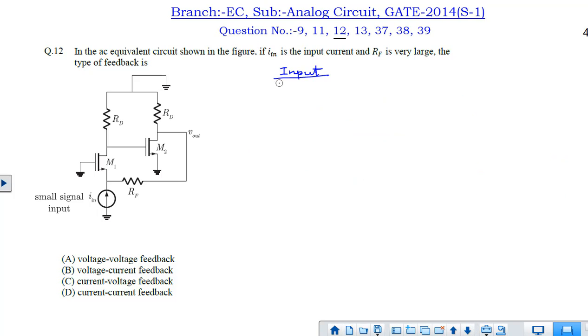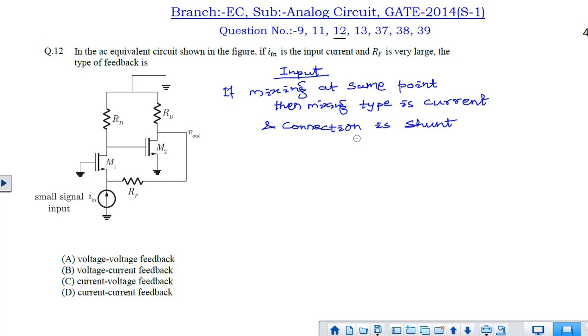Now let us concentrate at the input. At the input it will be mixing. At the output it will always be sampling, whereas at the input it will always be mixing. If the mixing is happening at the same point, then the mixing is of current type and the connection will be of shunt type.